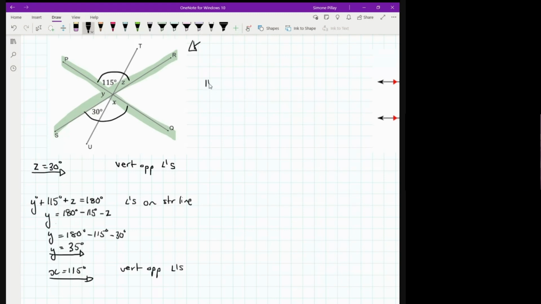You could have said 115 plus z is equal to x plus 30. And we know what z is, so you could have said 115 plus 30, and that's 35, plus 35 is equal to x plus 30. Now you see we have only one variable. Solve your equation, and you would have gotten an answer there as well.